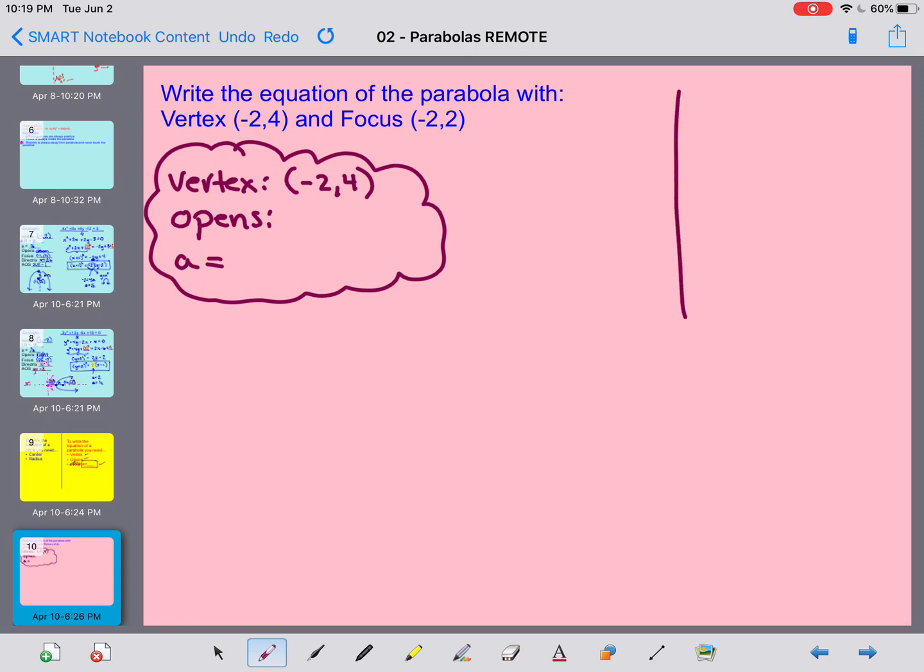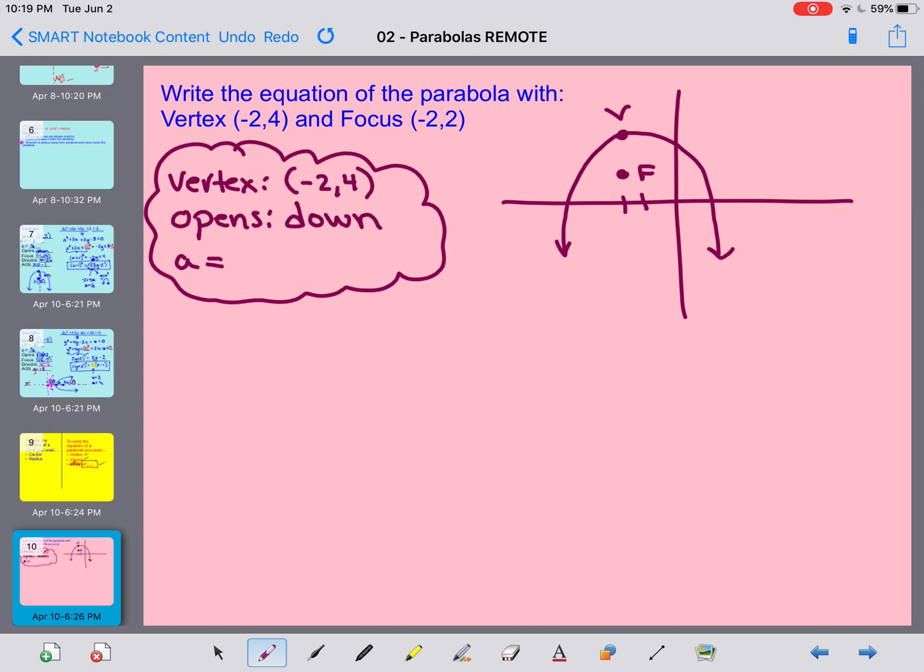So just a sketch, -2, 4 would be somewhere around here. That's my vertex. And then -2, 2 is my focus. Knowing that this is the vertex and this is the focus, I can draw a little sketch of what the parabola would look like. The focus is always inside the parabola, so from that, I know it opens down.